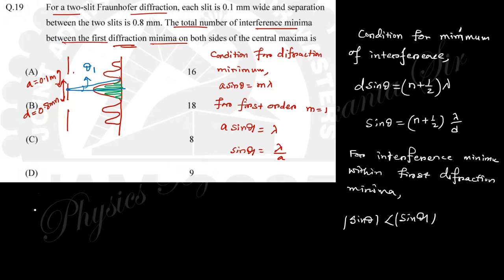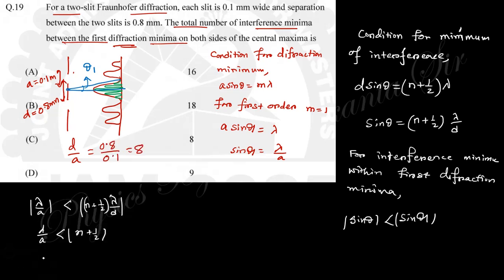So if you put sin theta as lambda by a, it is less than (n plus half) lambda by d. So lambda cancels out, and d by a is less than the modulus of n plus half. What is the value of d by a? d is 0.8, a is 0.1, so this is 8. So we have 8 less than the modulus of n plus half.